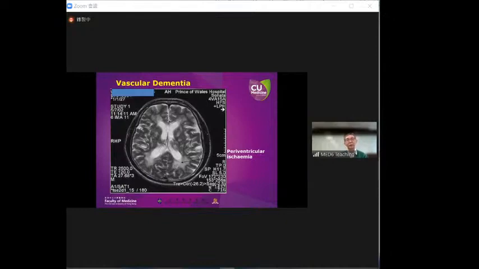White matter is in charge of communication among neurons. So if you have ischemia of the white matter, that means that the neurotransmission among neurons is slowed down or impaired. And also, you are likely to get lacunar infarcts, okay?